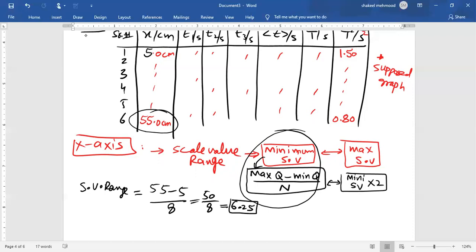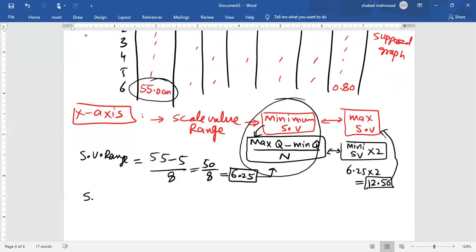It means your minimum scale value is 6.25, and for maximum you simply have to multiply it with 2, so that will give you 12.50. So this is your maximum scale value. It means your scale value range for x-axis is 6.25 to 12.50.